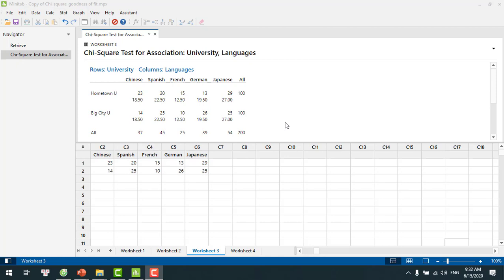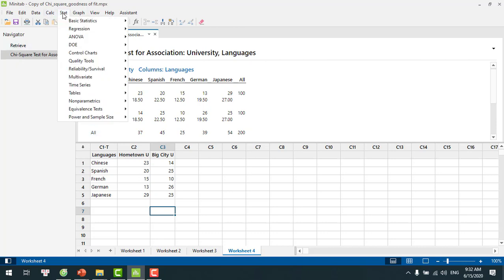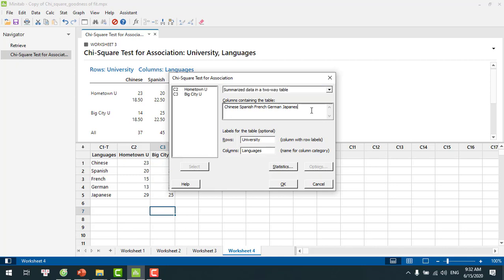If we set up the data in a different way, this way, where we have all our variables as columns, then let's run the test and see what happens. Okay, so Stat, Tables, we're going to do the chi-square test for association. Now in this case, the rows are the languages, and the columns are the universities.